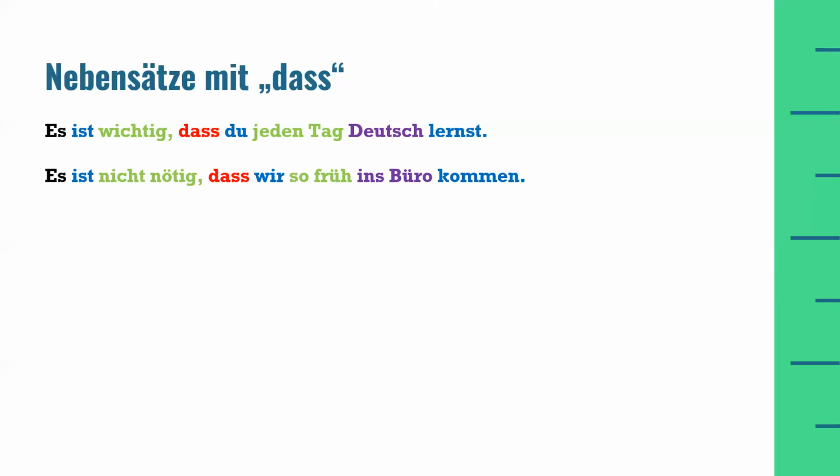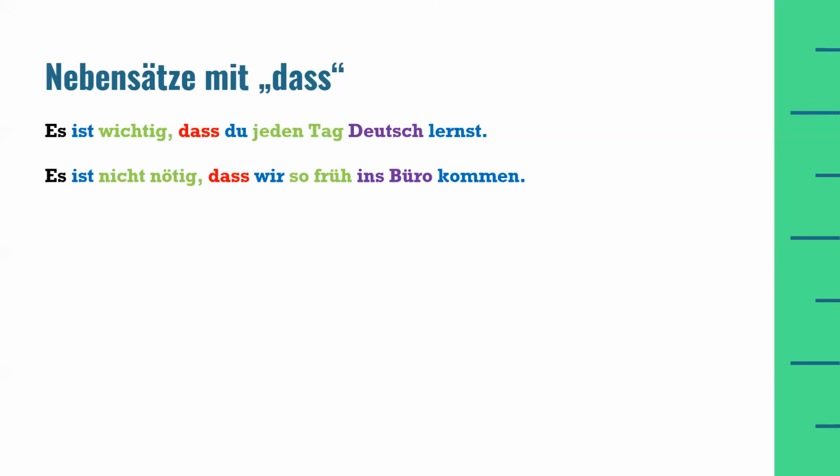Es ist nicht nötig, it's not required. Dass wir so früh ins Büro kommen. So what is not required? In order to get to know this, we have to use a Nebensatz, and the Nebensatz will start with dass, then comes the subject wir, so früh ins Büro.